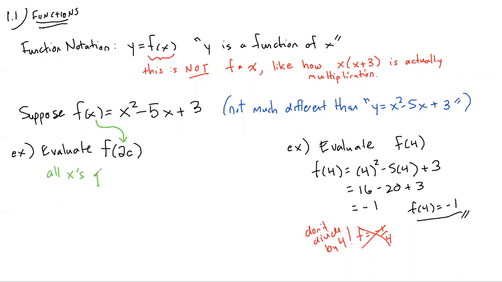All x's get replaced with 2c. Again, make sure you use those brackets. I'll have 2c squared minus 5, instead of x I'm going to write 2c, and then plus 3. So same idea.